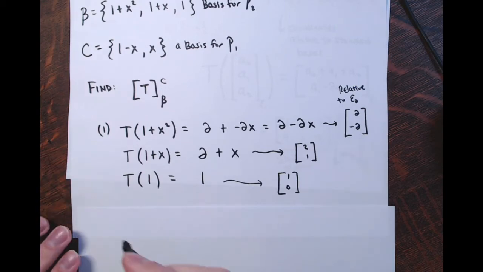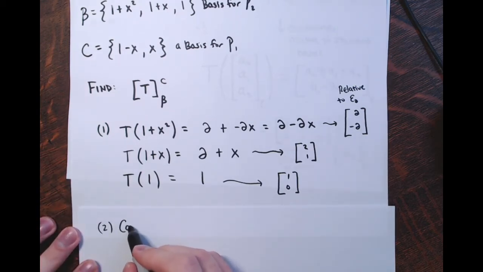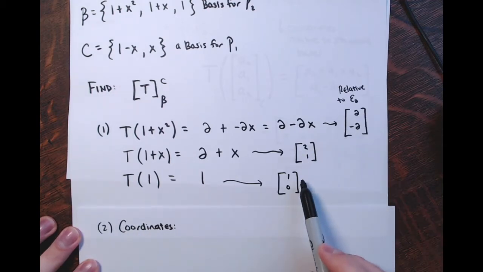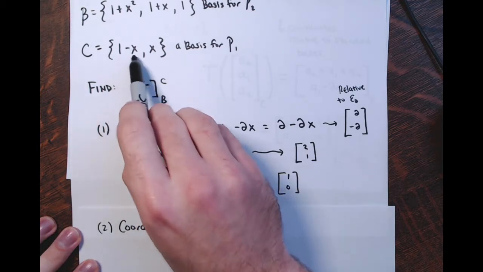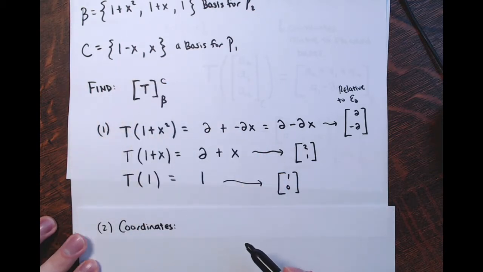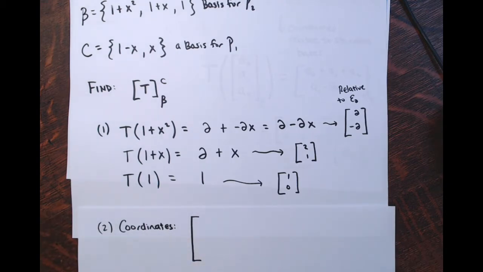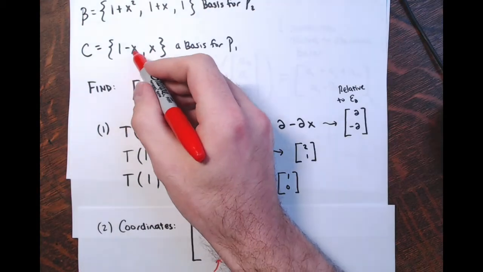And now I would like to find the coordinates of these relative to C. So I'm going to put the vectors of C over here. Now, C is 1 minus x.